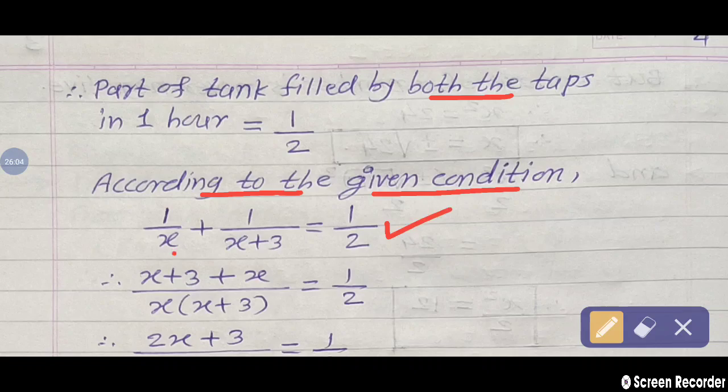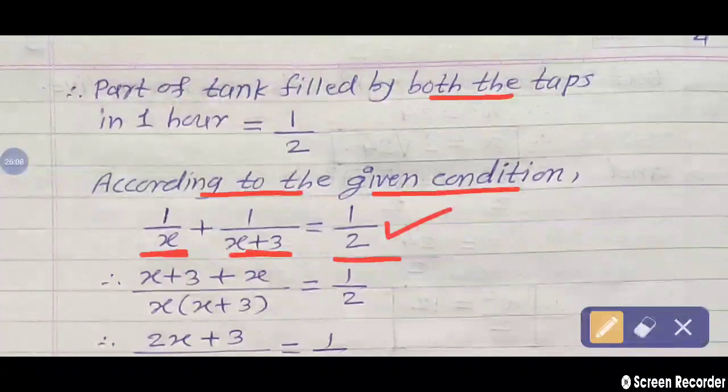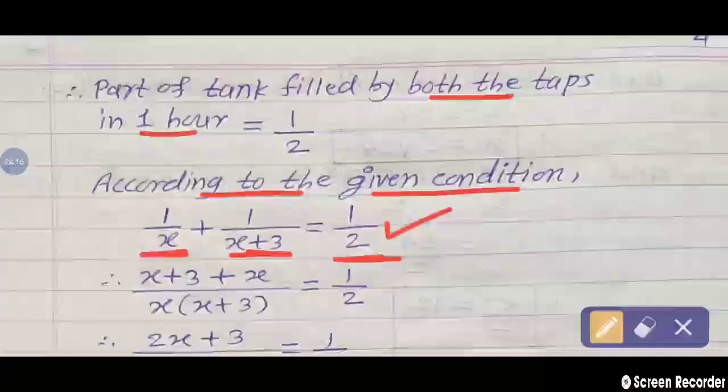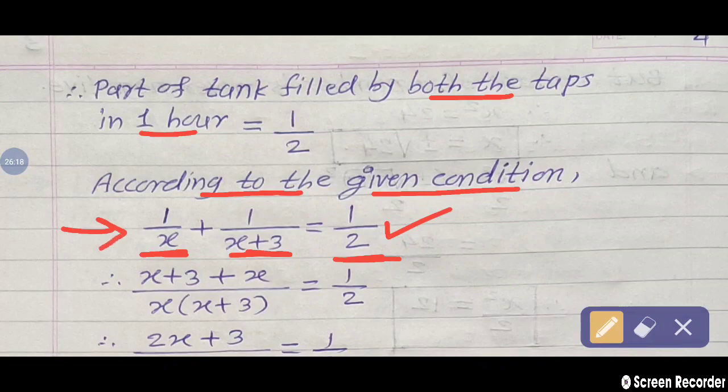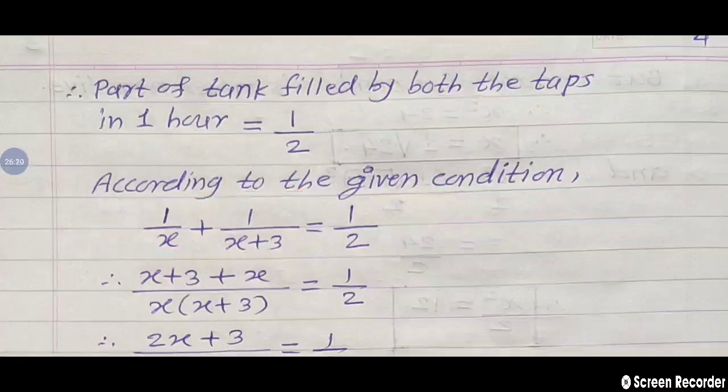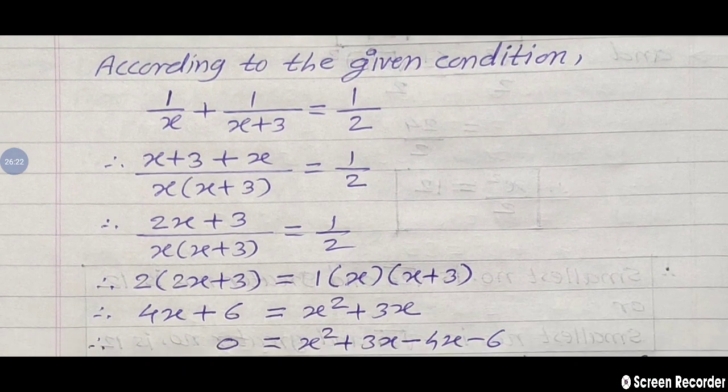This is the first tap, this is the second tap, and we are finding out within 1 hour how much part of the tank is filled. So according to the given condition, we are forming this equation. Solve it now. All of you understood?